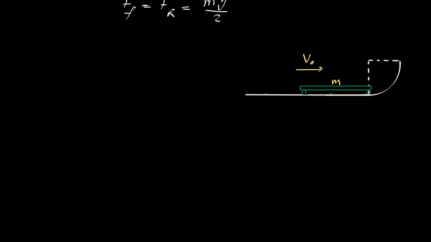So here the velocity at that moment is just v0 to the right. Let's move this over. It's not working.